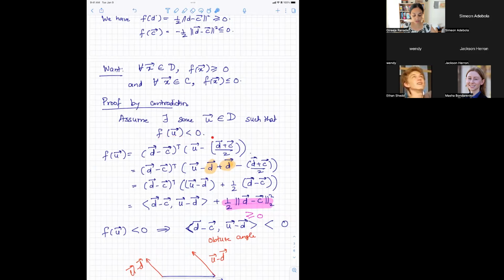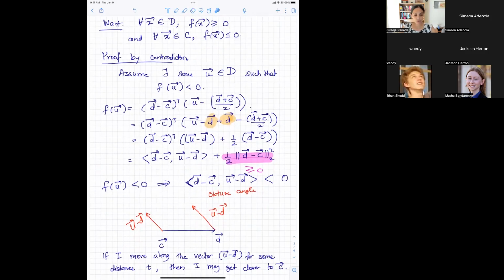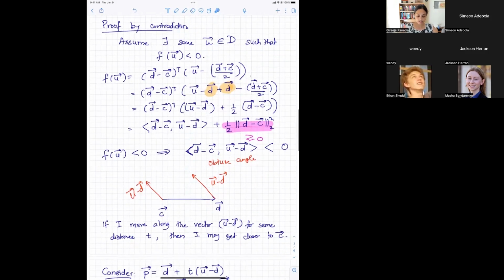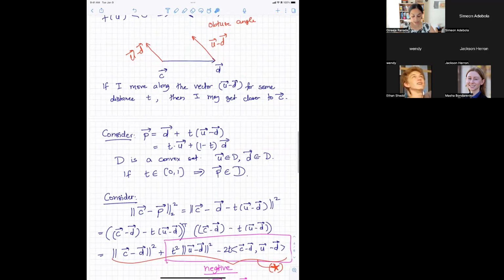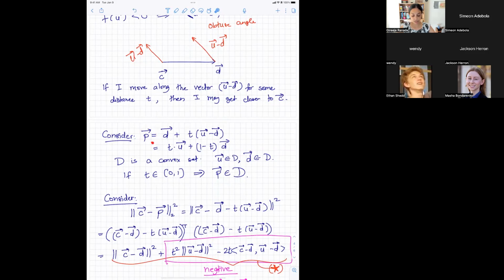So f of u is less than 0. And what we did was we showed that if that is true, then this vector u minus d gives us a direction. And if we travel in that direction, then we can get closer to C than D itself is. So we can move some small, tiny distance t along this direction that allows us to get closer to C. And we found such a P.